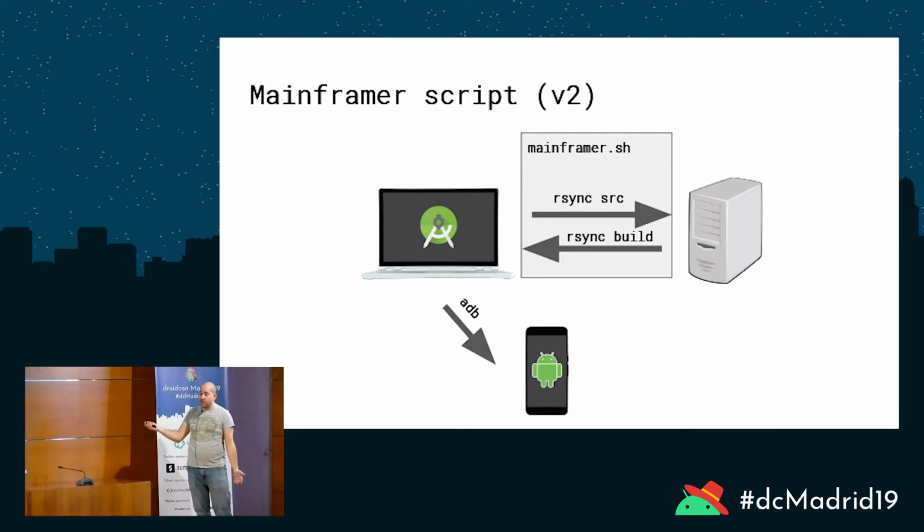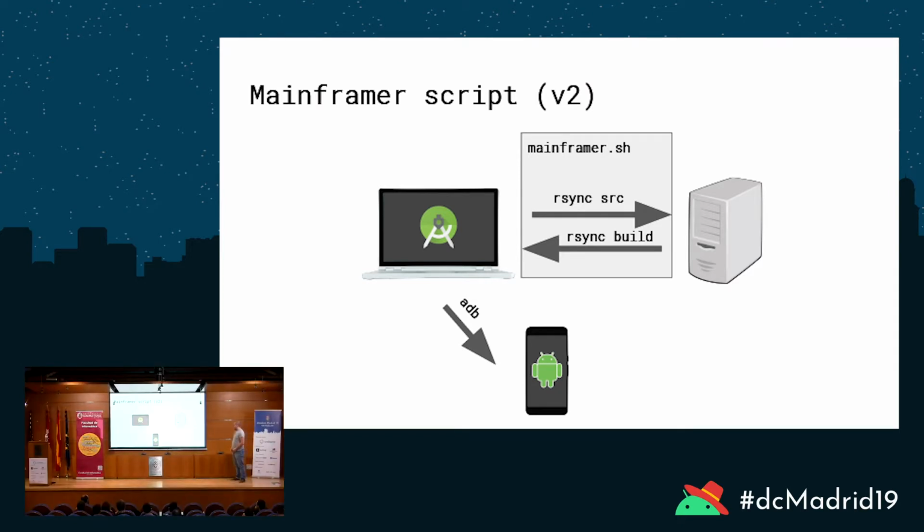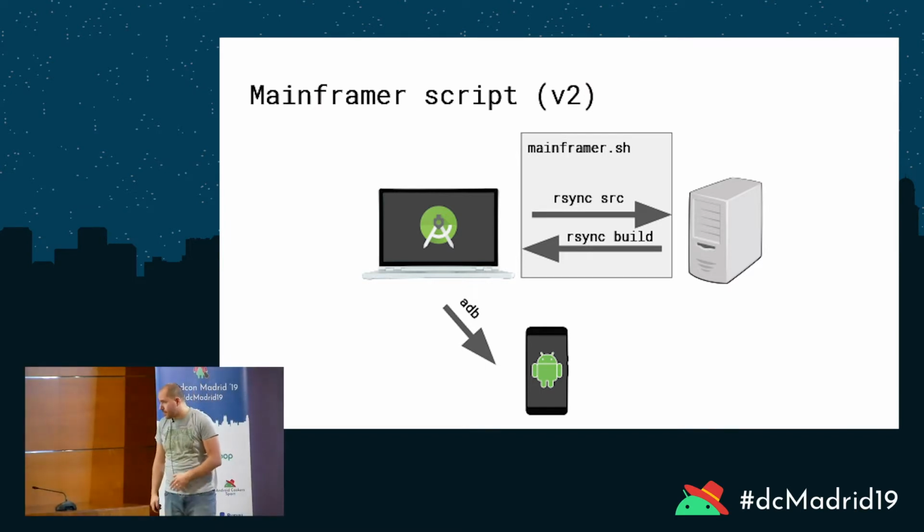I didn't know about the Mainframer script. That is a script that is on GitHub. You're going to see the links on the last slide, and I will share the slides at some point. What this script allows you to do is similar to what I did. You call the script and pass a command.